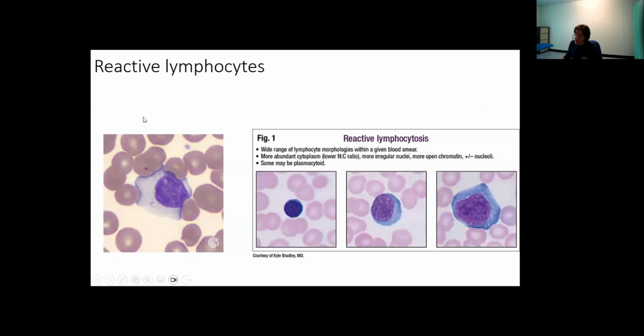So I just wanted to show you some pictures of lymphocytes which are actually reactive. So they're normal lymphocytes doing what lymphocytes do, reacting most commonly to infections, commonly viral infections. And as you all know, the other name for Epstein-Barr virus infection is infectious mononucleosis.